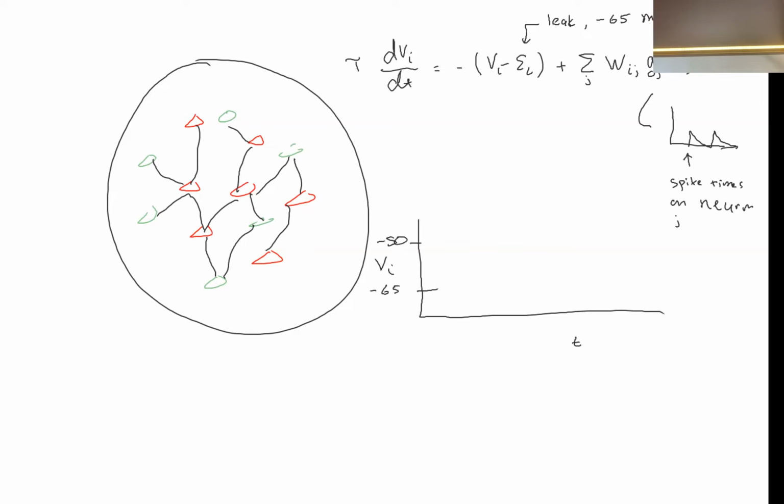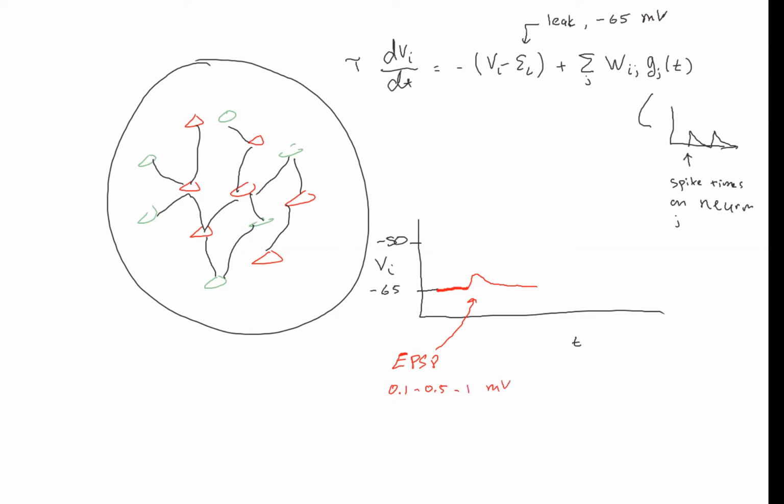Now this should be kind of review, but the idea is if no presynaptic neurons were firing, the neuron would be going like this. If a presynaptic neuron fired, you'd see a little increase and decrease. This is a PSP, in this case an EPSP. It's around 0.1 to 0.5 to maybe 1 millivolt.